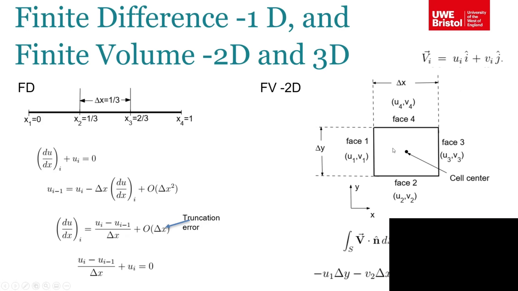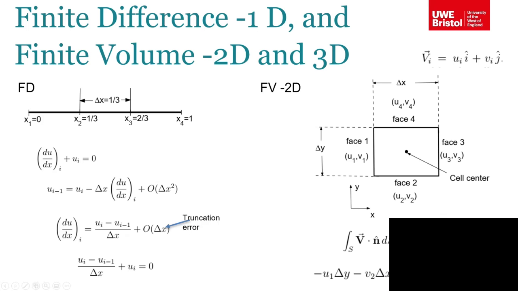So in a 2D case, this is the finite volume method. Finite volume method means you define everything at the cell center, and it has dimensions of delta x times delta y, and then you do a similar thing, meaning you integrate over the volume. You integrate over the volume, and then again you write an equation.